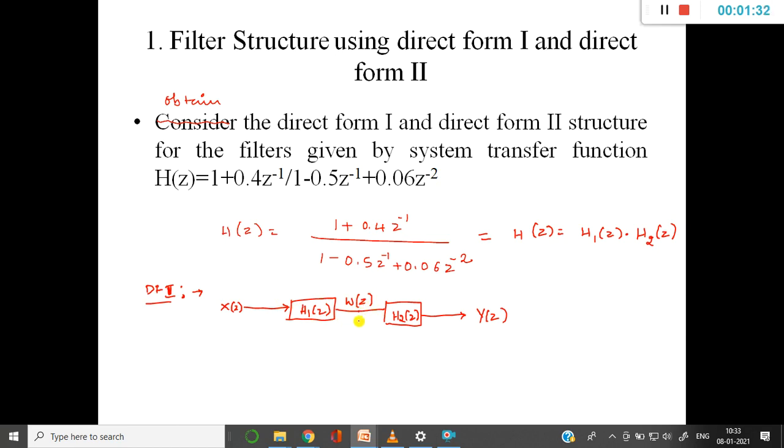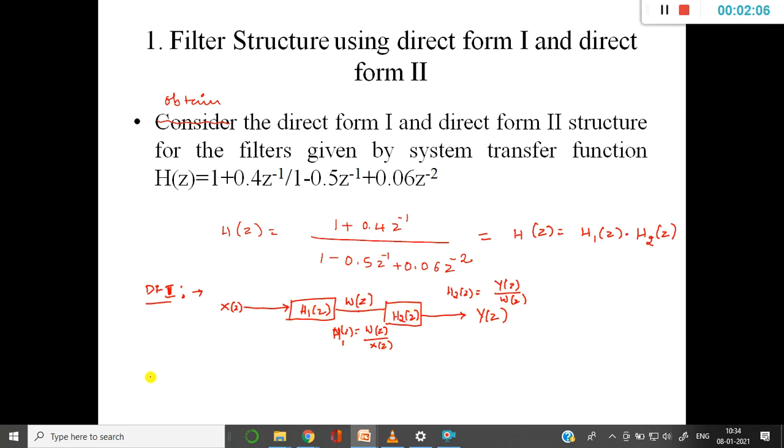Now what is W of z, the intermediate stage? H1 of z is nothing but W of z by X of z. Fine. Now what is H2 of z? H2 of z is nothing but output Y of z divided by W of z, where W of z is common between H1 and H2 here.